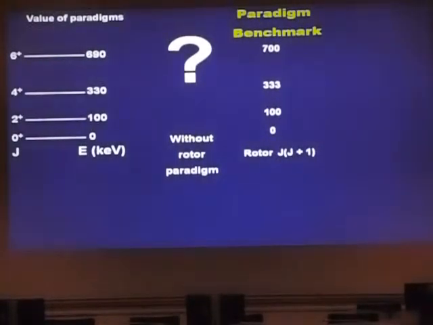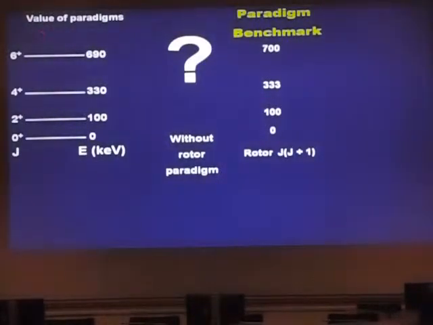So two things have happened. Because I have this paradigm, I immediately recognize that this is a rotational deformed nucleus. But more than that, I notice differences. What's this 3 kilovolts? What's this 10 kilovolts? So I immediately notice that not only is it a deformed rotational nucleus, but there's some other effect going on.